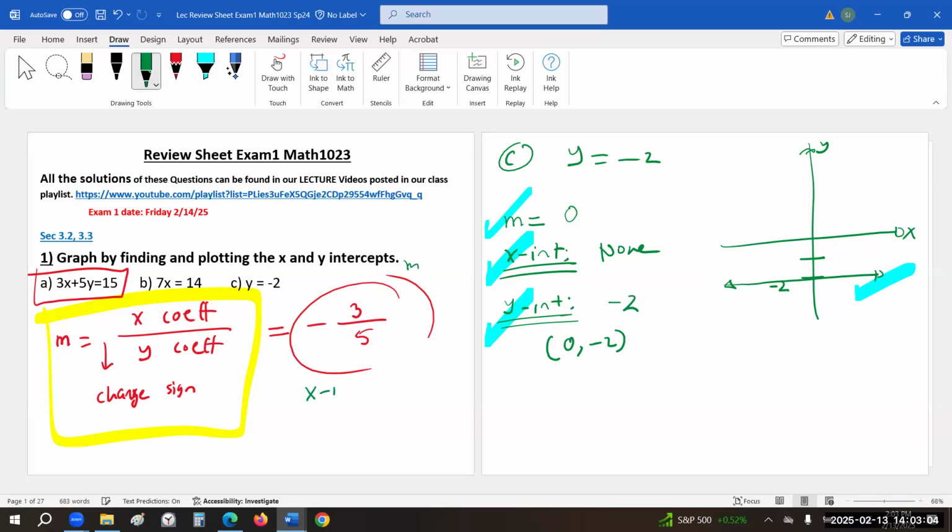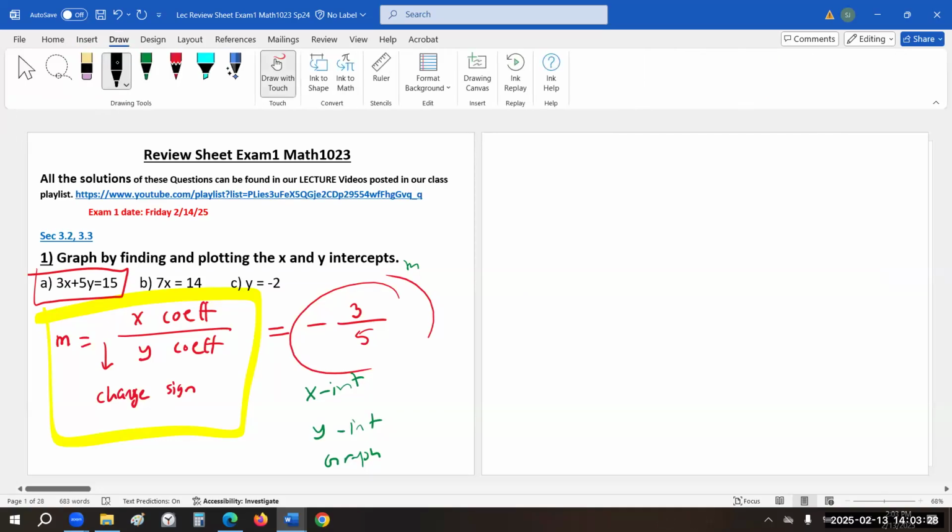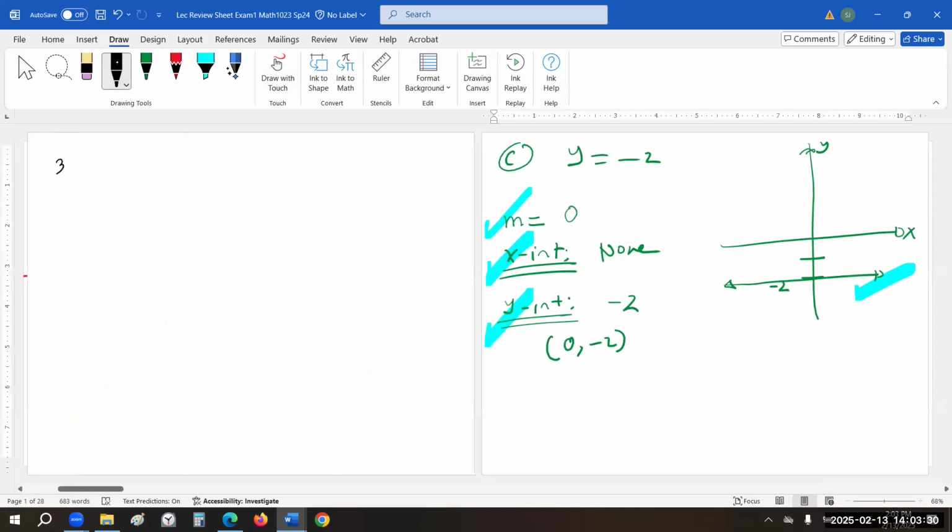You still need to find your x-intercept, your y-intercept, and then graph it. Can I do one? Okay, so insert.